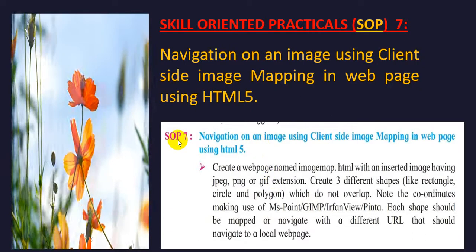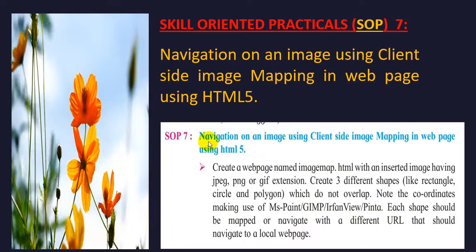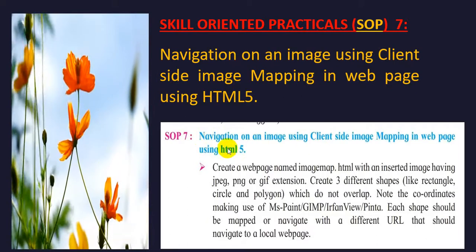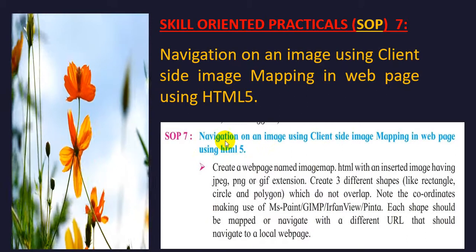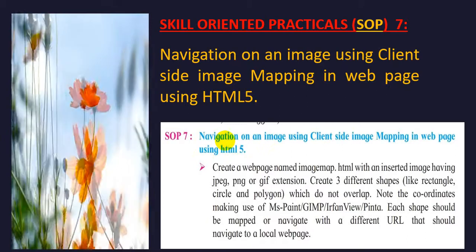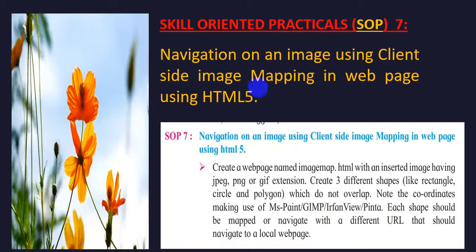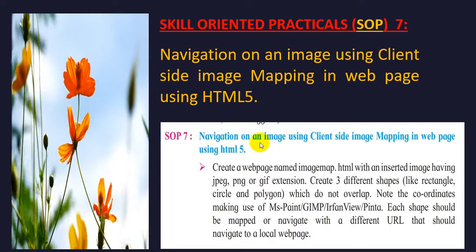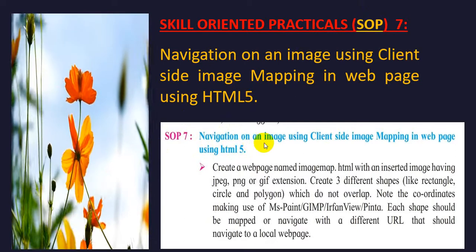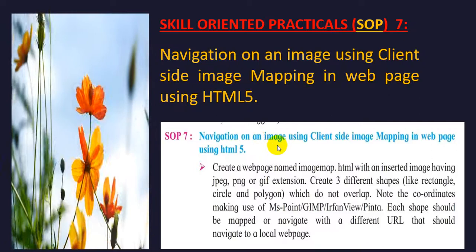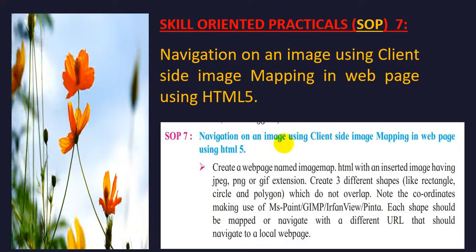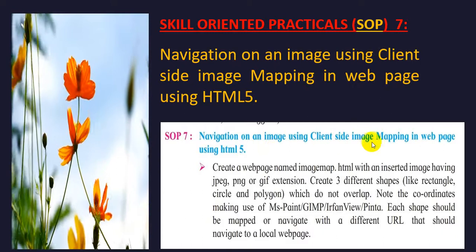In your textbooks, SOP 7 is given: navigation on an image. Navigation means we have to create links, we have to generate hyperlinks. Hyperlinks and navigation are synonyms for each other. So navigation on an image means we have to create certain hyperlinks on a single image using client side image mapping.